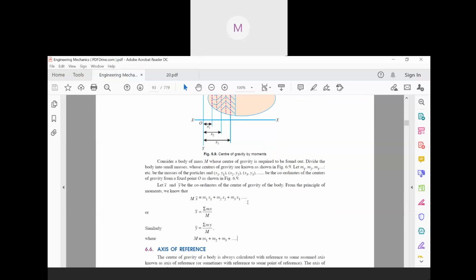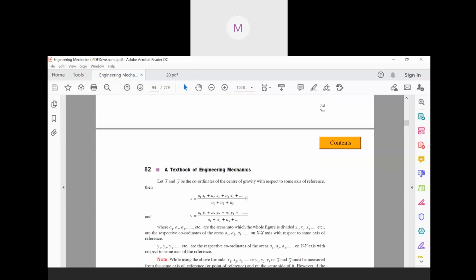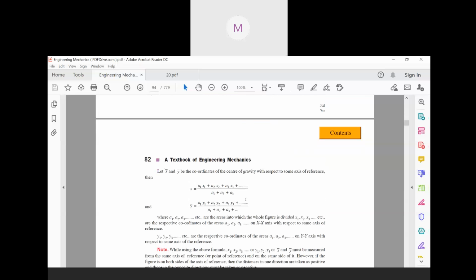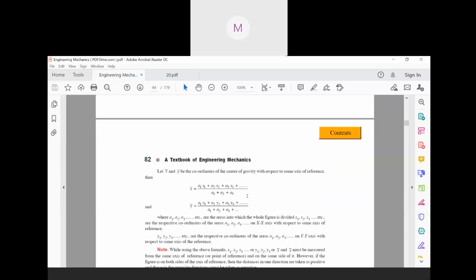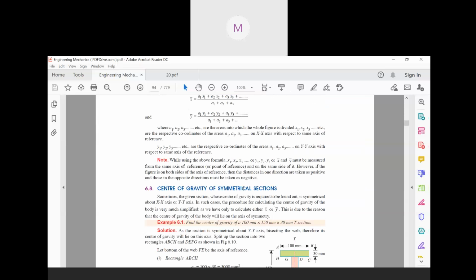So after that we will go to axis of reference. So what is axis of reference actually?